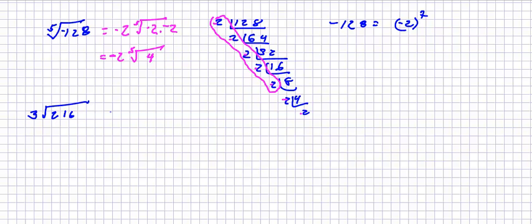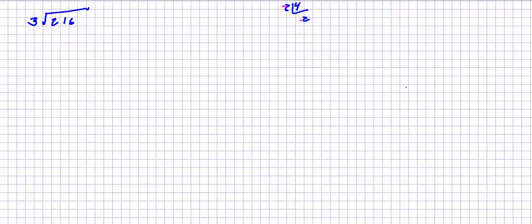All right, last example, 3rd root of 216. So 216, I know, oops, that's not right. It's the 3rd root. Remember, it's an index. Sorry about that.